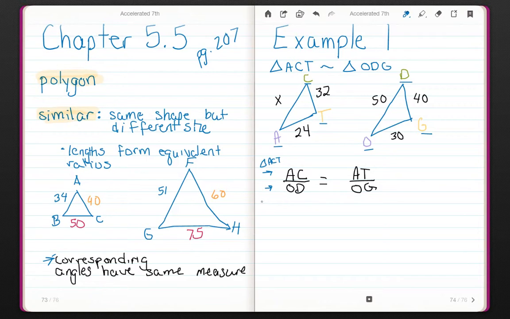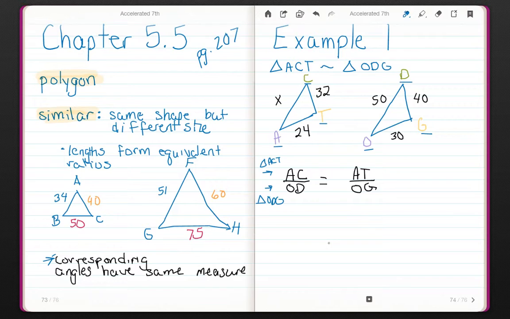The denominator is going to be the other triangle, the one I'm comparing it to, triangle ODG. And I'm going to compare the same line segments. So here I have AC comparing to OD or DO. The letters don't have to be in the same order necessarily as long as it's the same segment. Those two ratios, this triangle to this one, should equal AT to OG.